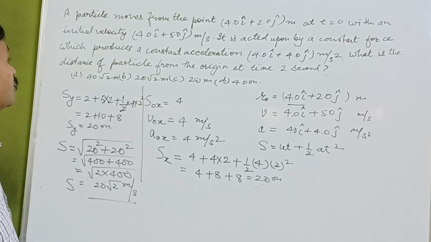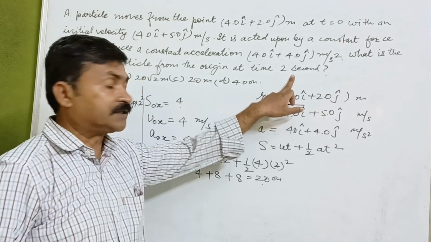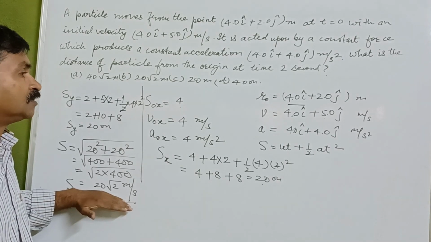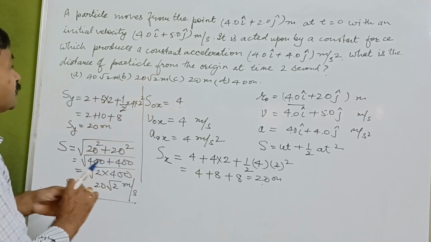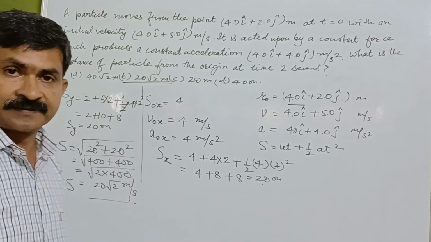So the distance of the particle from the origin at time t equal to 2 seconds will be 20 root 2 meter. So here, option B is the correct option. This will give the answer.